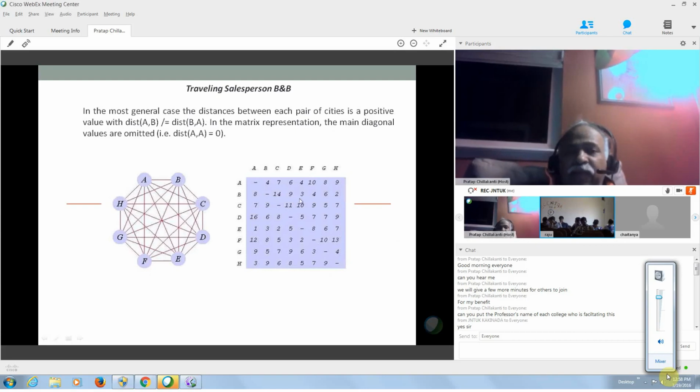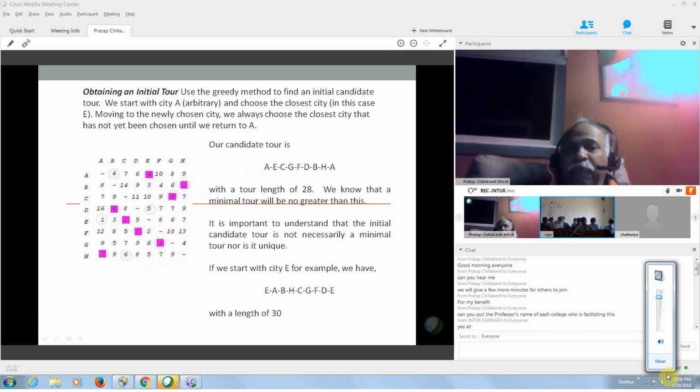So we did the example of a traveling salesman, if I'm not mistaken, right? This was the example where we calculated the distance from all pairs of neighbors. That's what we did: from A, what is the shortest distance to all the other nodes and so on. And then we said, okay, we can obtain some initial tour.